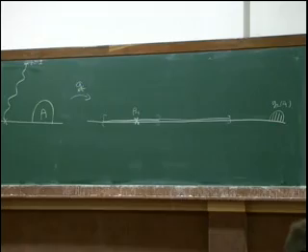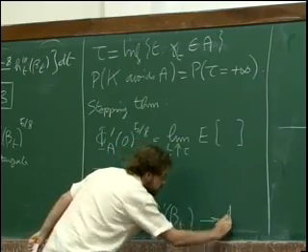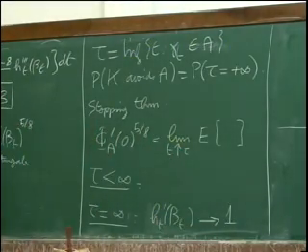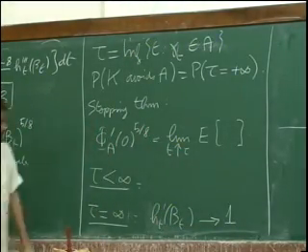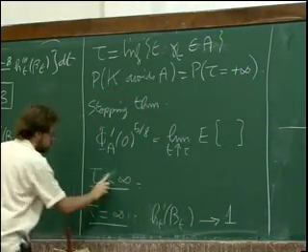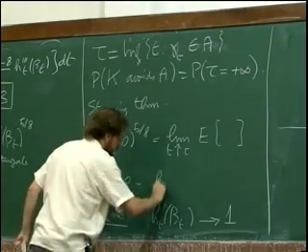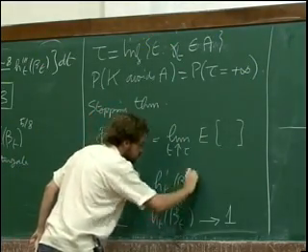So if tau is infinite, what you get is that h_t prime of beta_t goes to 1, which is the derivative of the identity around beta_t. Okay, maybe I should put them in the same order. So if tau is infinite, h_t prime of beta_t goes to 1.